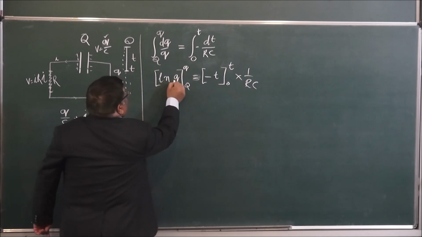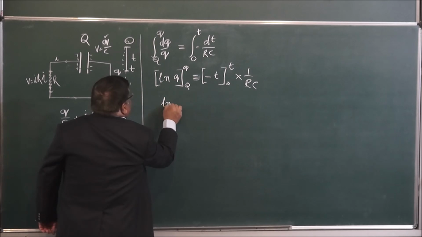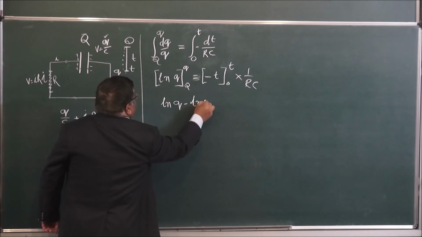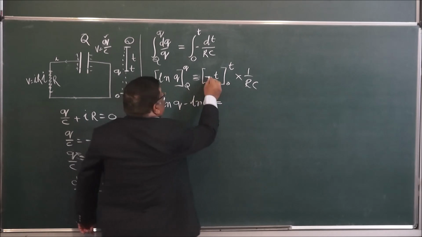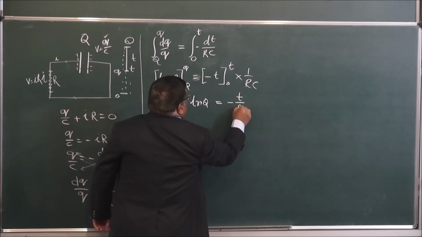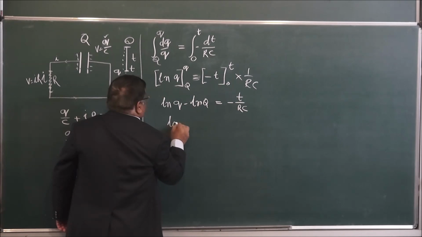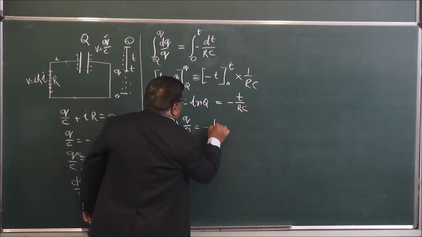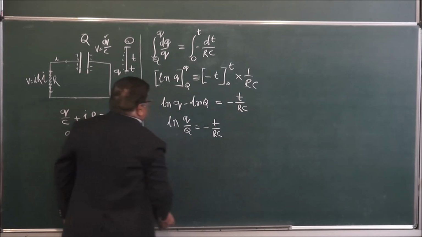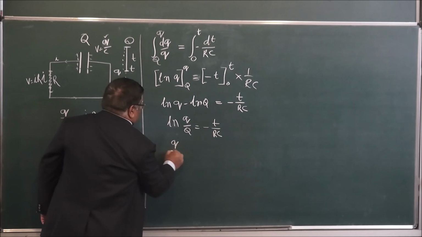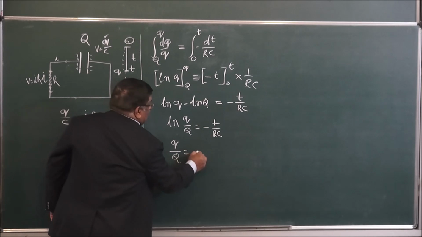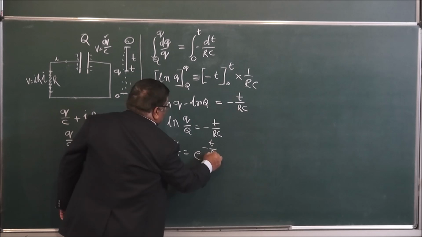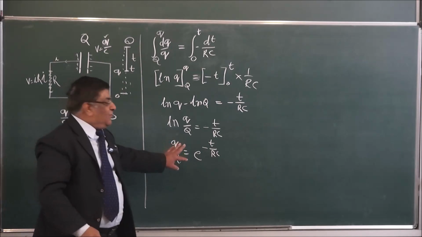So again we can make it, this is natural log Q minus log Q0 is equal to minus T upon RC. This will be log natural Q upon Q0 is equal to minus T upon RC. So Q upon Q0 is equal to e to the power minus T upon RC. This mathematical transformation you all know.